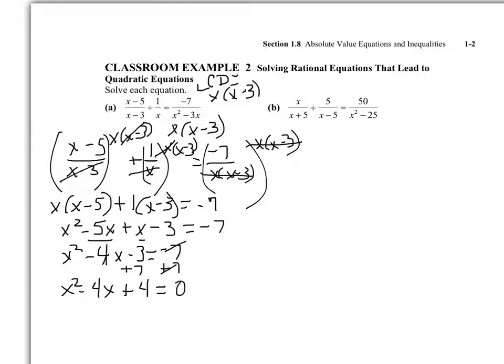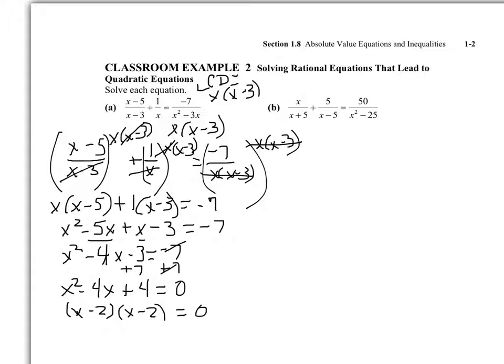If I think through the AC method, a pair of numbers that could multiply to give me positive 4 but add to give me negative 4, well, the only way that can happen is if they're both negative, and if I use negative 2 and negative 2, that will work. Again, I can use FOIL to multiply that back together to make sure that what I wrote as my factored answer is equivalent to the trinomial that we were factoring, and I will get x squared minus 4x plus 4.